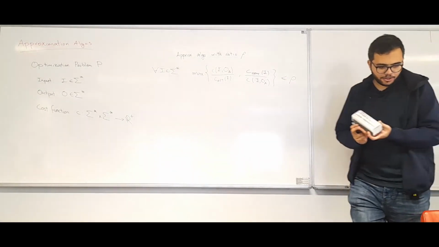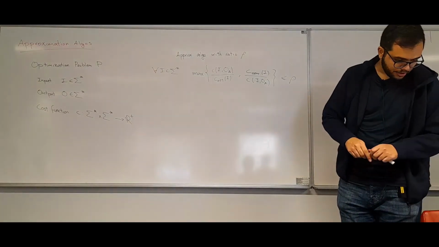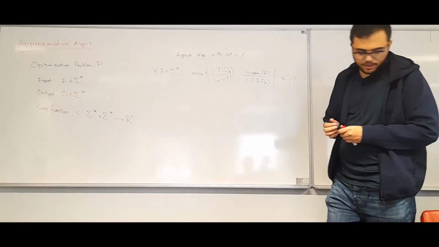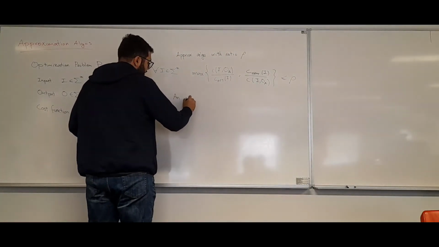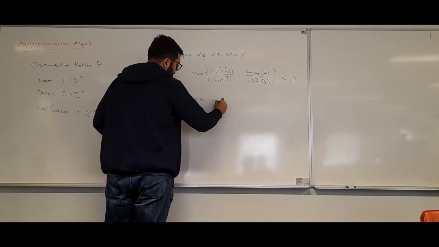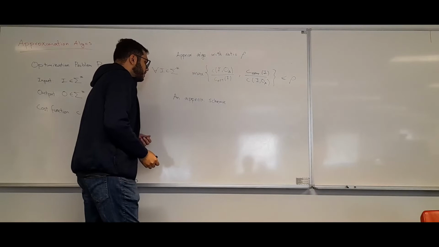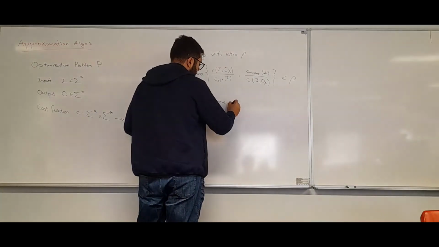Okay, so I can define this like this. I can say that an approximation scheme, you can think of it itself as an algorithm, or as a family of algorithms.